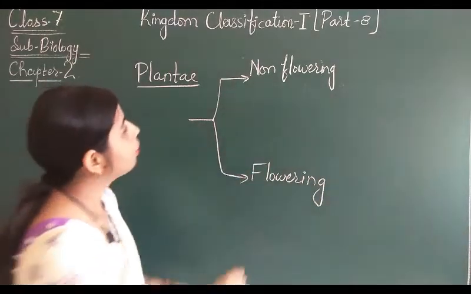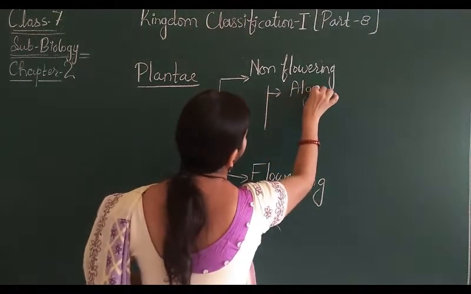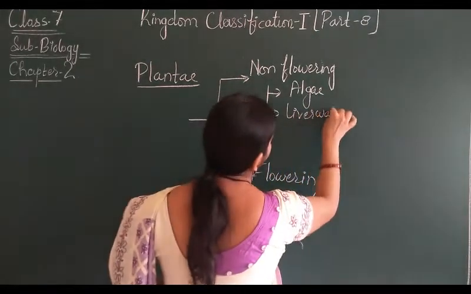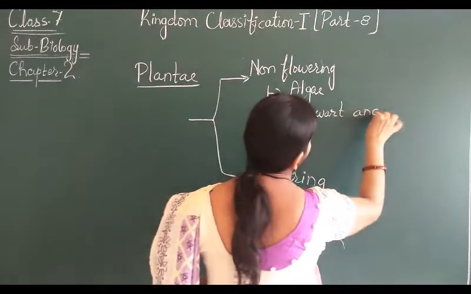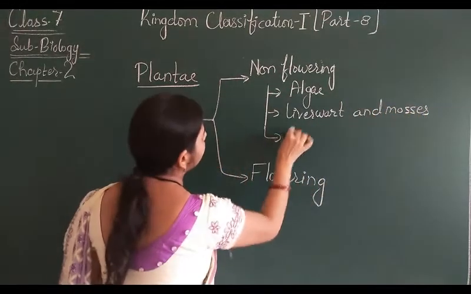In the non-flowering group, there are plants which do not produce flowers in their complete life cycle. The non-flowering group is further divided into algae, liverwort, moss, and third, ferns.